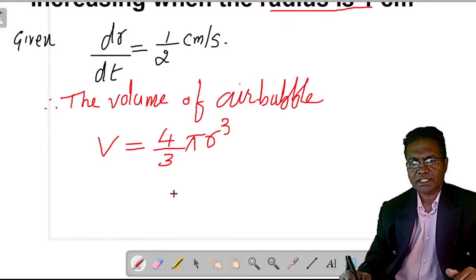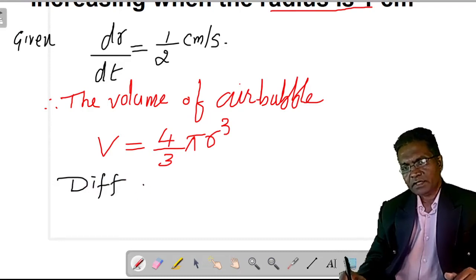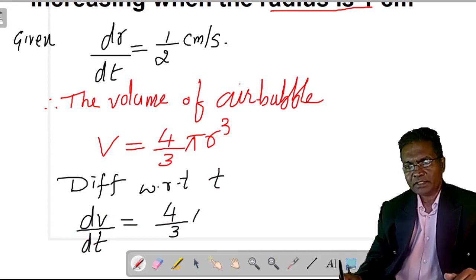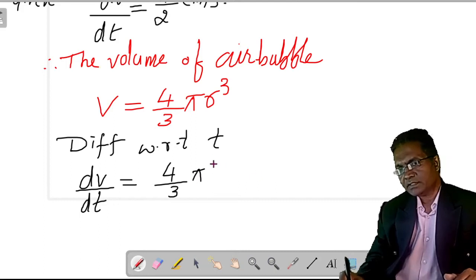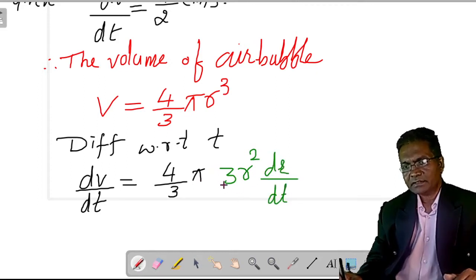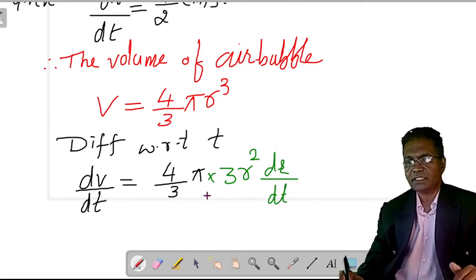So differentiate this with respect to t. dv by dt equals 4 by 3 pi as it is. The derivative of r cube is 3r square dr by dt, as I explained in the previous problem.